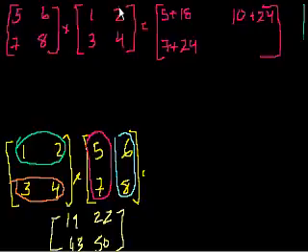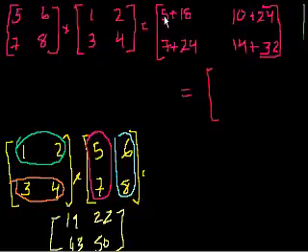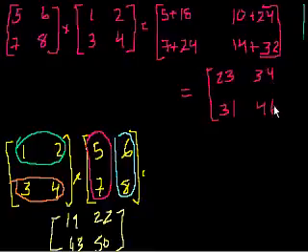So it's 7 times 2, which is 14, plus 8 times 4, which is 32. So this is equal to 5 plus 18, which is 23, 34. What's 7 plus 24? That's 31, 31, 46.